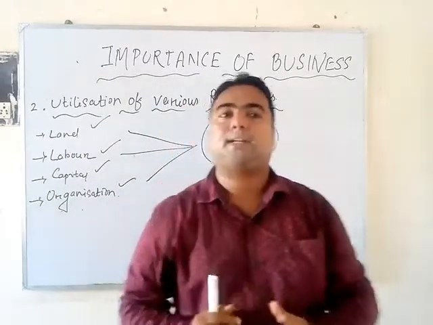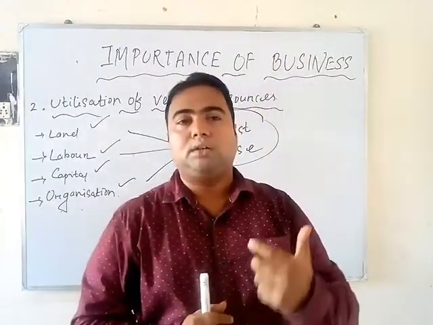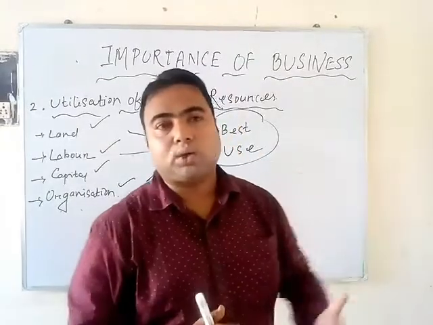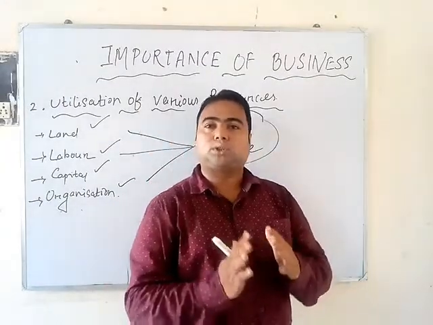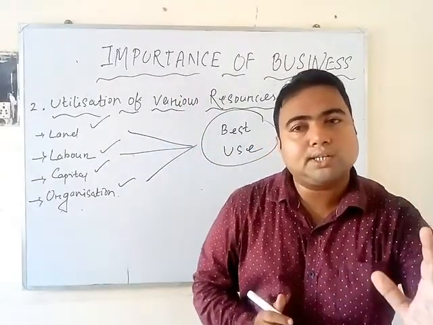That's a small example I am giving you. Just like that, the company has to plan accordingly to utilize its resource of land in a very effective manner. Thus the utilization of land.